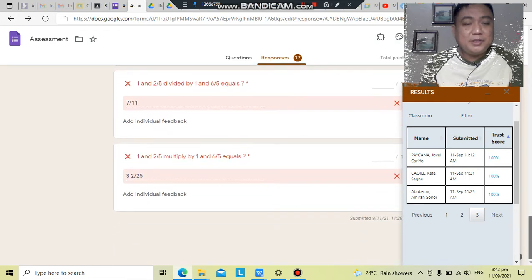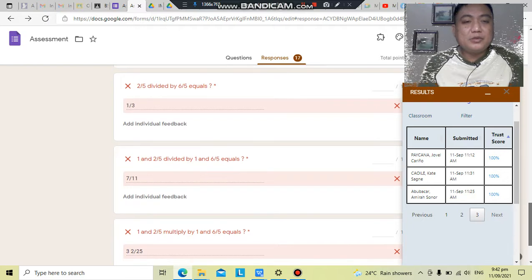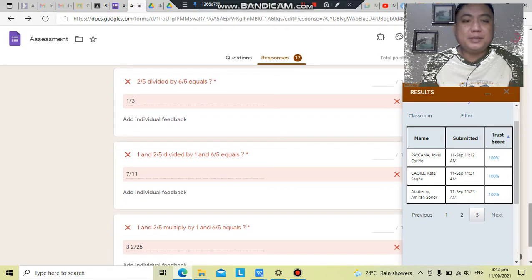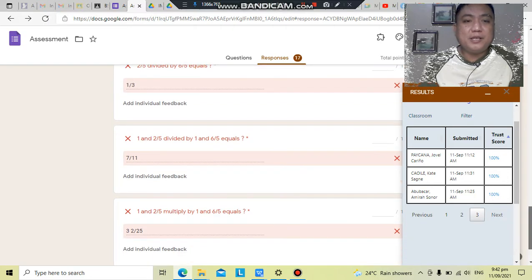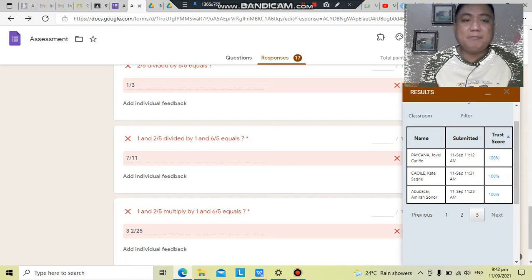For number 9 and number 10, you need to convert that into improper, then proceed to the operation. So dito is division for number 9. You need to get the reciprocal of this one, then proceed to multiplication po. So the improper of this one is 5 times 1, 5, plus 2, 7.